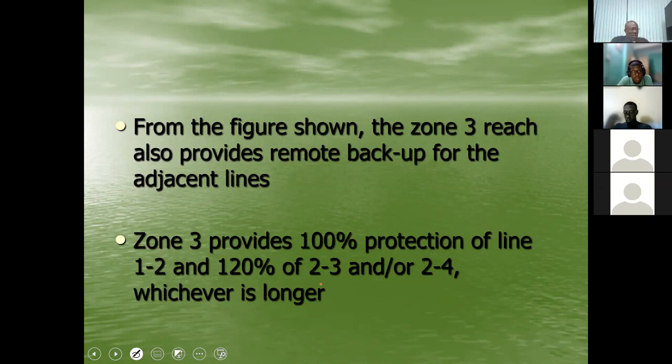So it's 100% of the protected line plus 120% of the adjacent line, whichever adjacent line is longer.